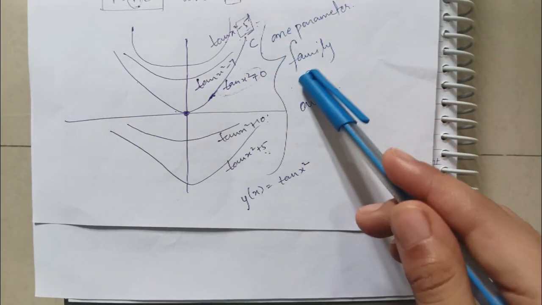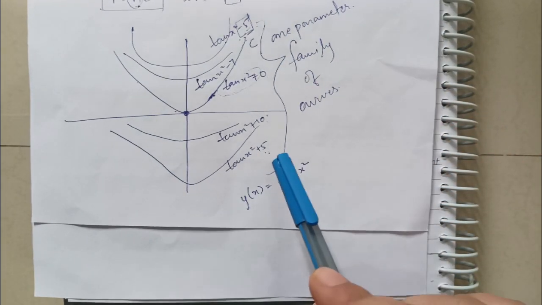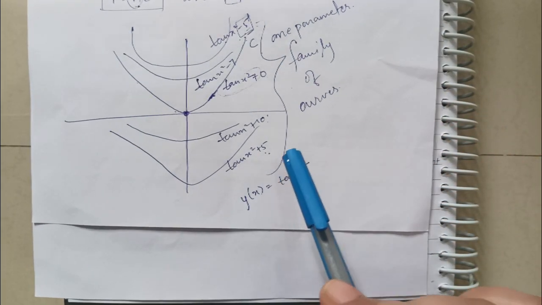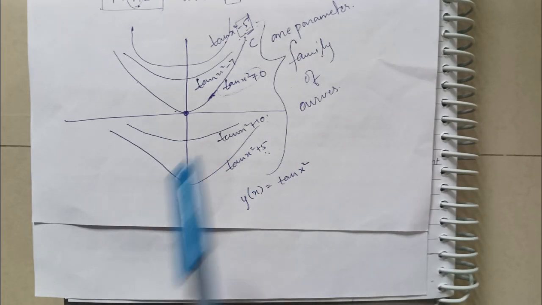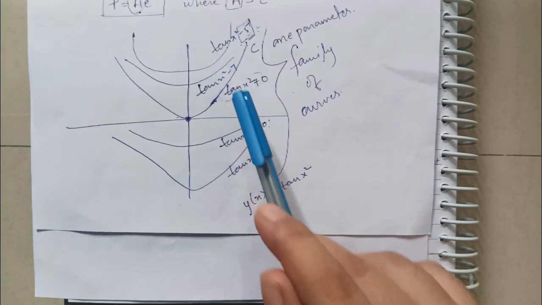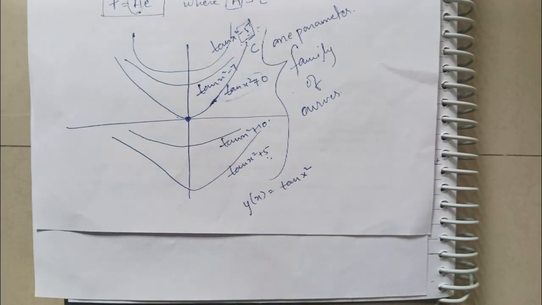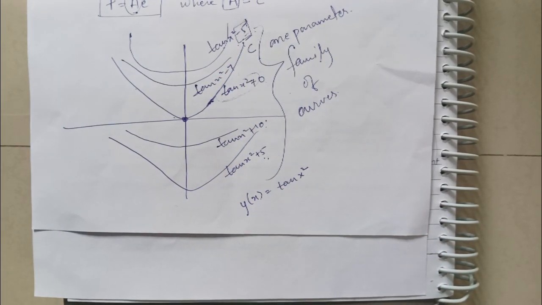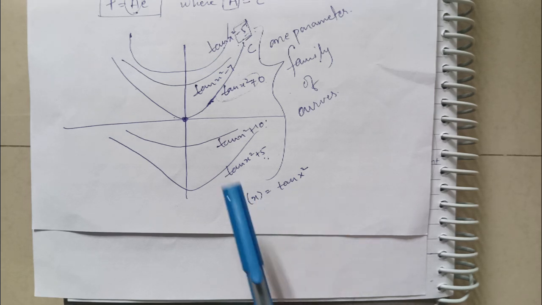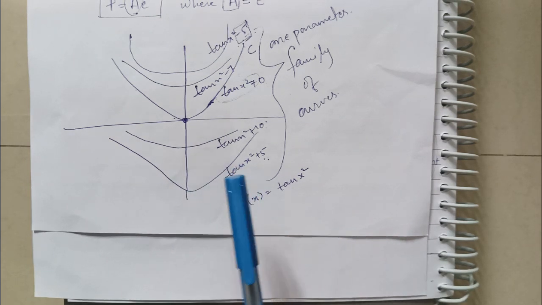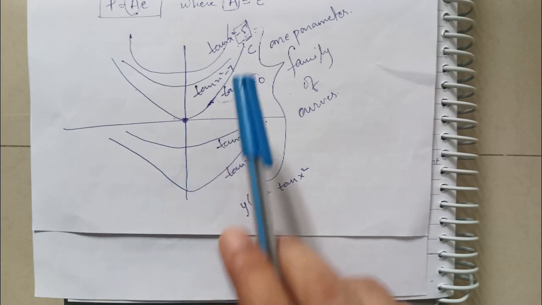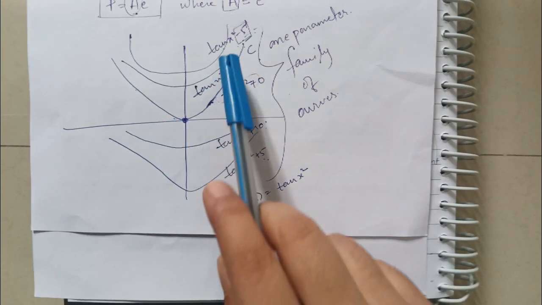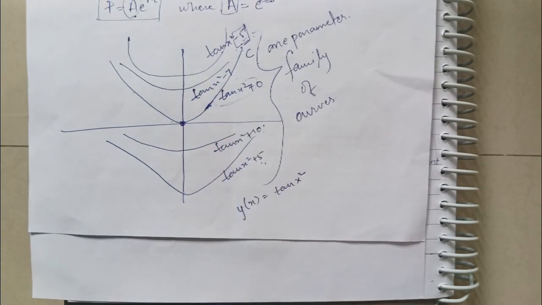Now in these many graphs, how will you find the exact curve which represents your problem exactly? How will you find the exact solution out of these many? If I provide you a condition that the exact solution that represents your problem passes through the origin, then you'll find that solution, which is tan(x square).